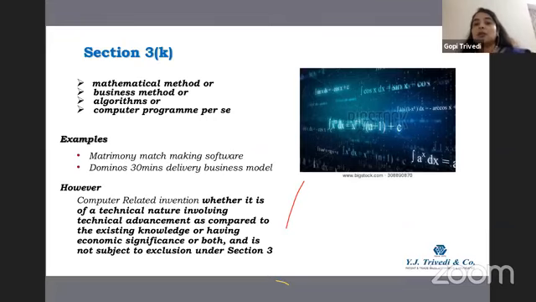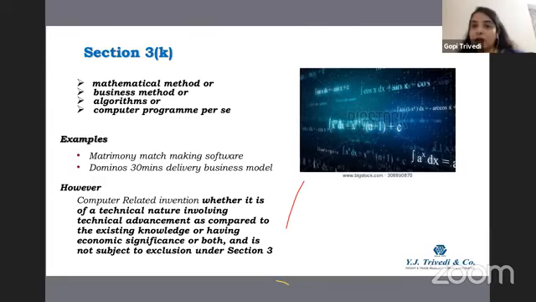Most interesting and most debatable, computer programs per se are not patentable. Now, I really have practiced that computer program per se is definitely not patentable. Parallelly, there is a Computer Related Inventions guideline, which we call the CRI guideline, which makes it understandable what is not computer program per se.